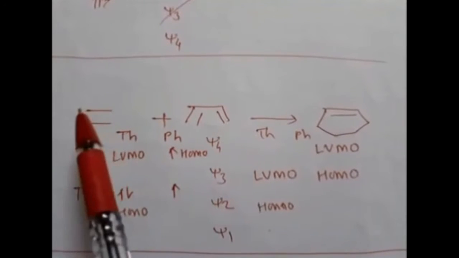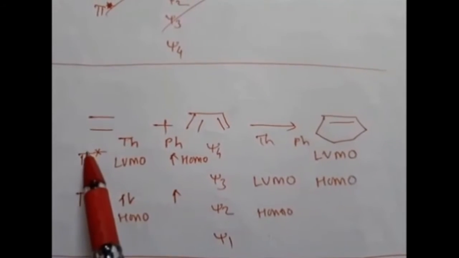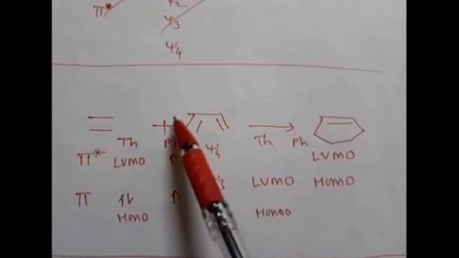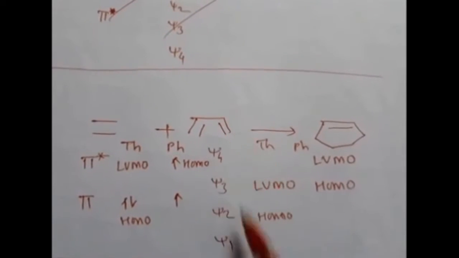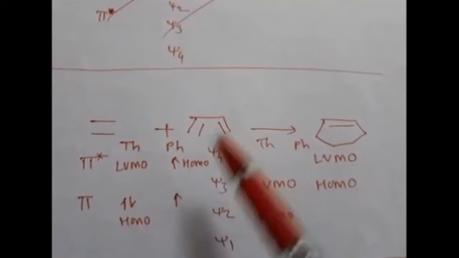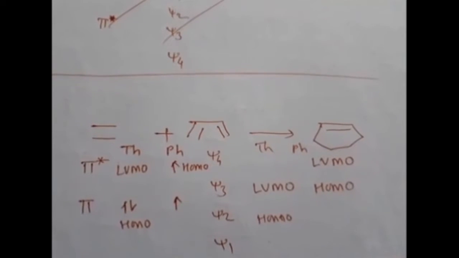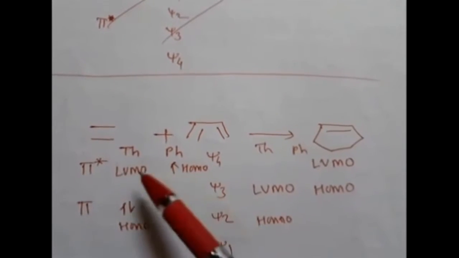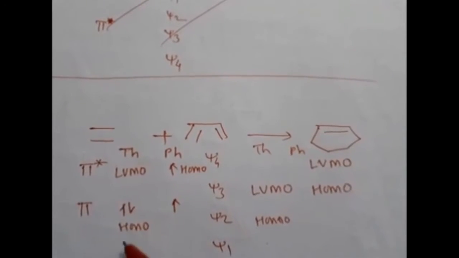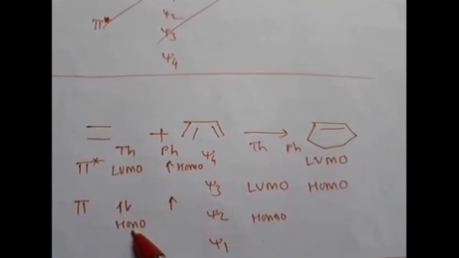That means there are 2 pi orbitals, that is pi bonding and pi anti-bonding, whereas there are 4 orbitals of these 2 pi bonds, that is psi 1, psi 2, psi 3 and psi 4. Now which is LUMO and which is HOMO? Here 2 electrons are present, so this is HOMO, that is highest occupied molecular orbital.